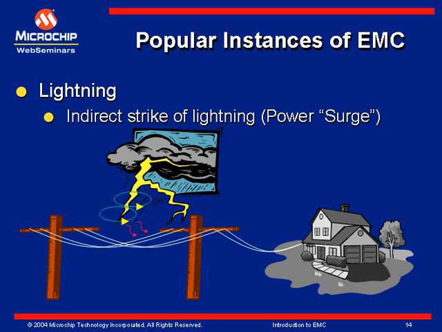A power surge can be a huge problem because the current is sustained. We are talking about a huge current, like 50,000 amps, and that event is much longer in time duration, and that can have a significant impact on the system. And just to give you an idea, this topic is a huge subject.